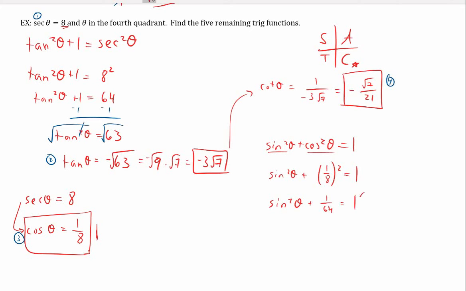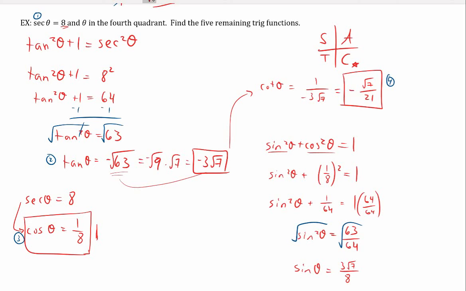That's equal to 1. 1 is 64/64. So when I subtract 1/64, I get sine squared equals 63/64. And then I would take the square root. That's going to give me sine theta equals, we already saw that the square root of 63 simplifies to 3 square roots of 7. So this would be 3 square roots of 7 over the square root of 64, which is 8.